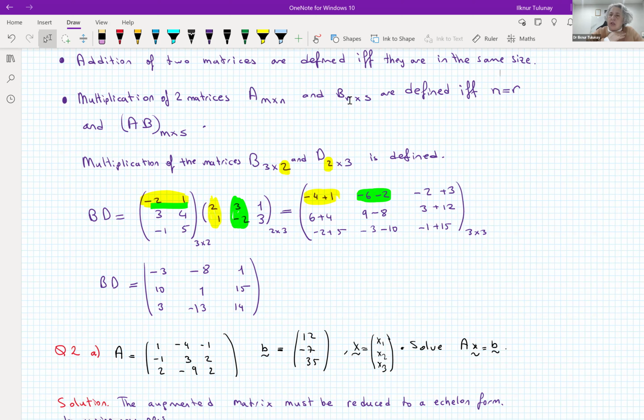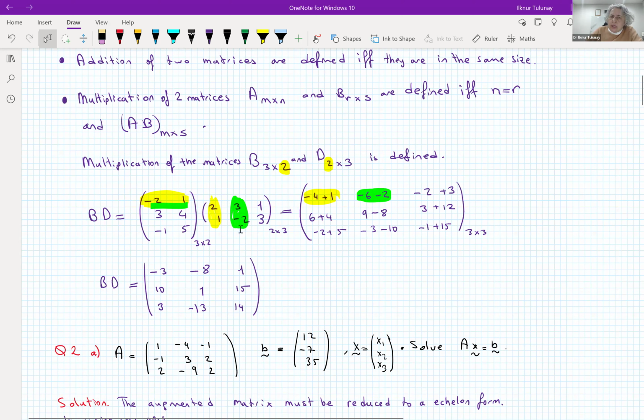Matrix multiplication, again, is the row vector multiplied with the column vector as a dot product, which means this vector multiplied by this vector. So we will have minus 2 times 2 is minus 4, and plus 1 times 1. This is the first row, first column, the 1,1 position in the multiplication.